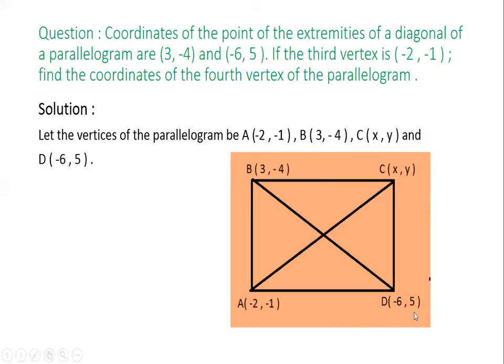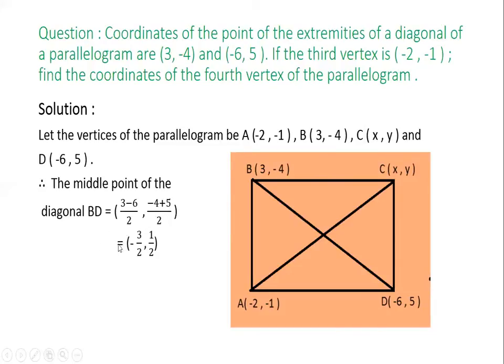-6, 5. So the middle point of the diagonal BD equal to 3 minus 6 by 2, -4 plus 5 by 2. After calculation, we can write -3 by 2, half.